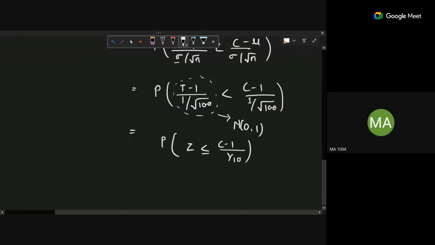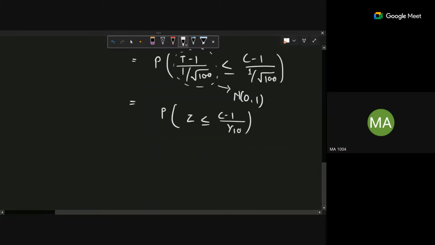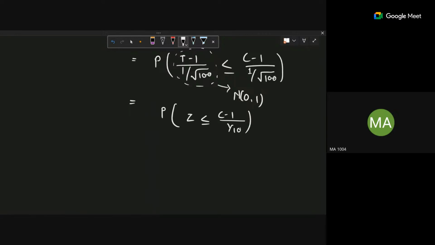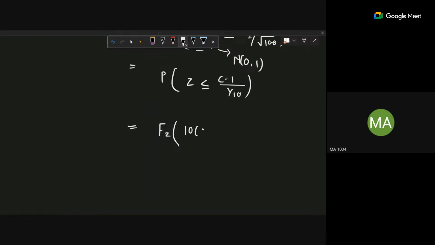Okay, less or equal to is fine, because rejecting the null at t greater than C means we will accept it at t less or equal to C. So this is nothing but again CDF of Z at the point 10 times (C minus 1). So this is the probability of type 2 error.